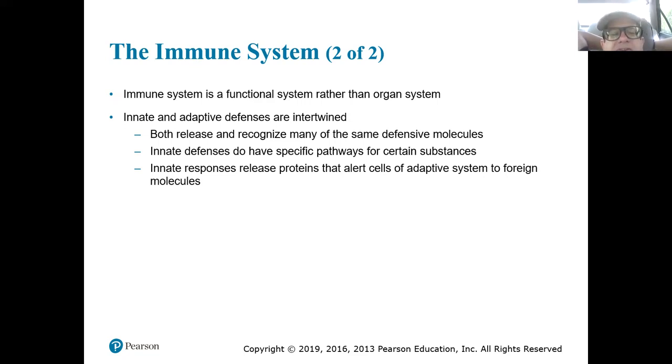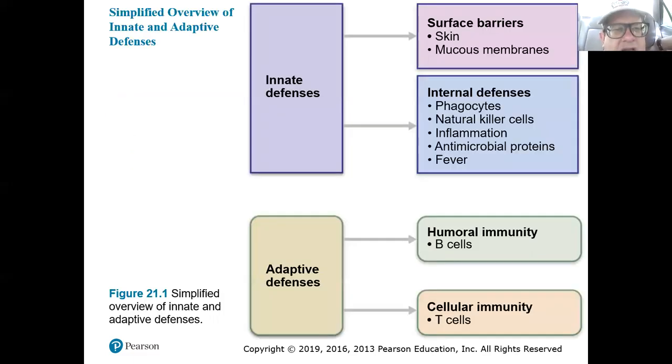The difference is innate ones do have some specific pathways for certain substances, but the adaptive tend to have more. Innate responses release proteins that will activate the adaptive ones, wake them up and say, hey, we're having trouble. We need this backup.